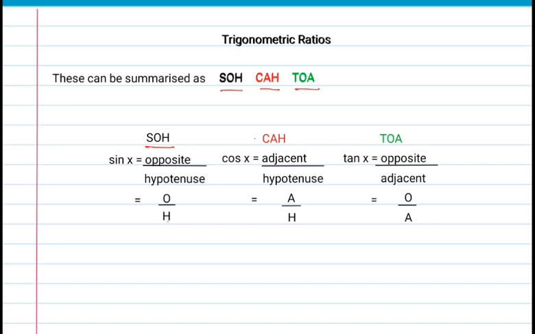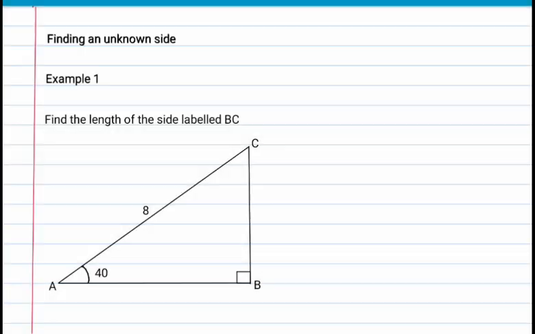CAH is represented by cos x, which is equal to the adjacent over the hypotenuse. And TOA: tan x is equal to opposite over adjacent. These trigonometric ratios help us in calculating the sides as well as calculating the angles.